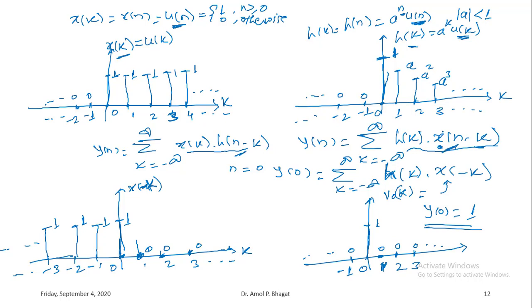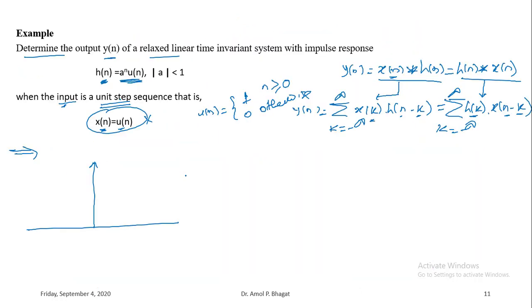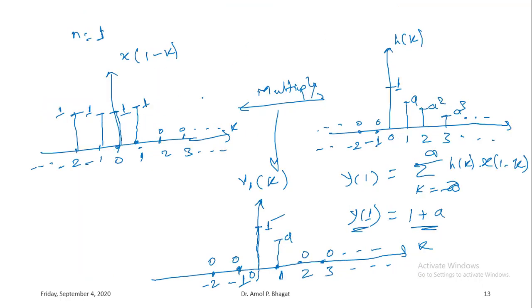You can decide from the given input and impulse response which sequence the folding and shifting operation is to be carried out on. Here we have carried it out on the input sequence, but in the previous problem we carried it out on the impulse response. In this second example we have folded the input sequence and subsequently shifted it.